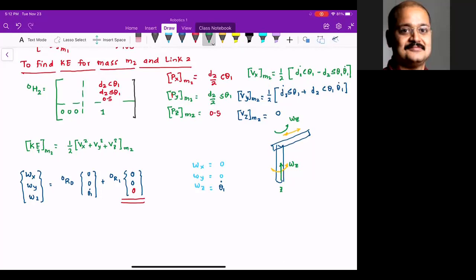Everyone understood? My angular velocity is about z axis, which means the angular velocity of the second link is also about this axis. So this is the axis about which you have omega z. Do you agree with me? Now what I want you to do is same logic.